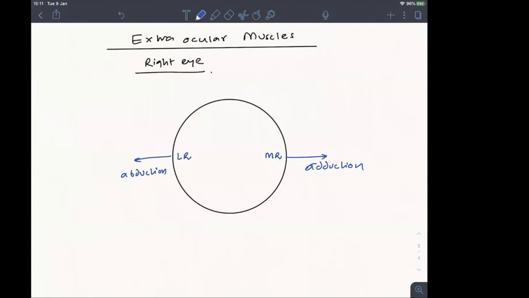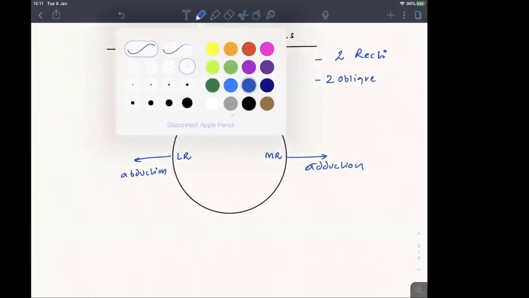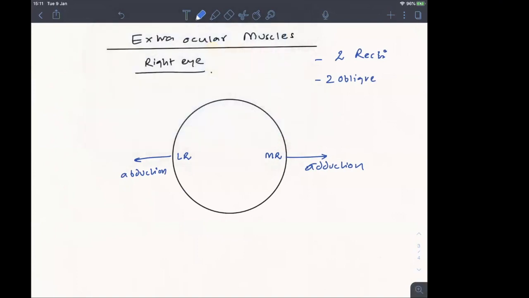Now there are 4 other muscles. There are 2 more recti muscles and there are 2 oblique muscles. The way that these movements happen is that the recti muscles are arranged in front and above and below the medial rectus.